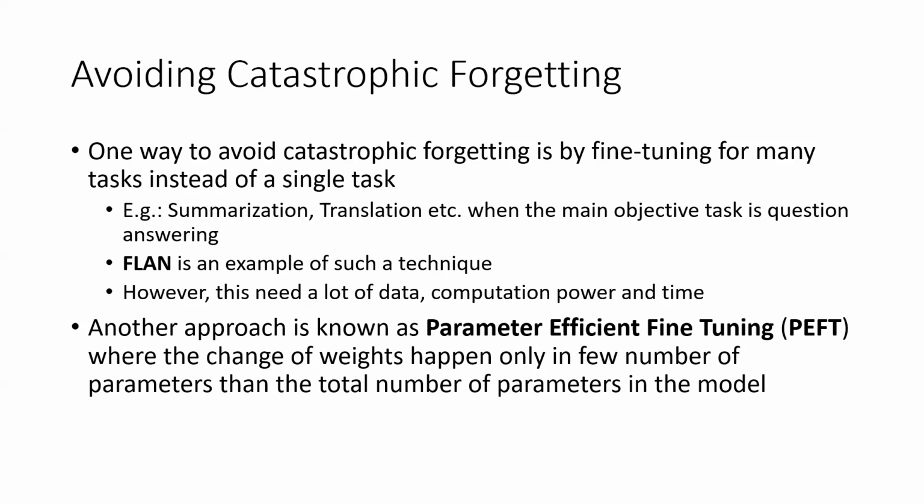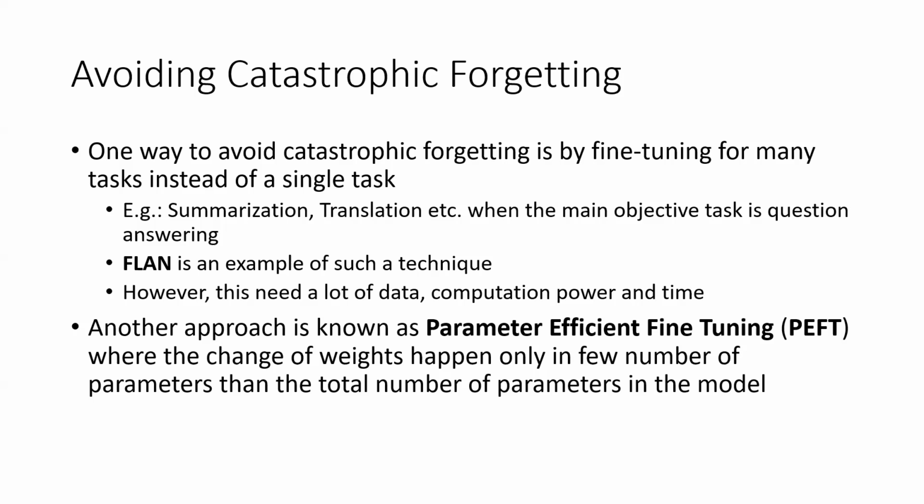In this way, instead of training for a single task, you can train it for several tasks, not only for a single task but for many tasks that are different from and independent of each other. So this is a form of multitask learning.